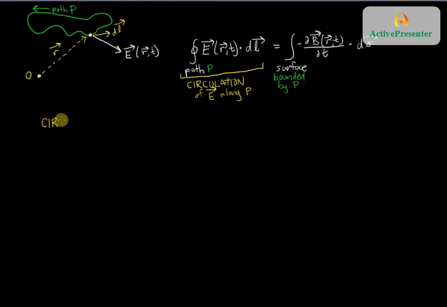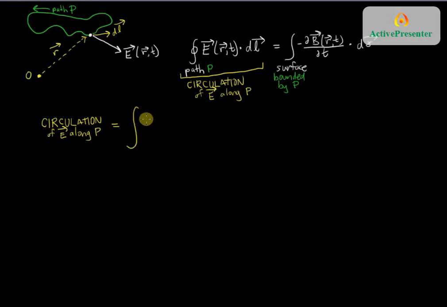We can say that the circulation of E along path P, well, the total circulation, we can write it this way.